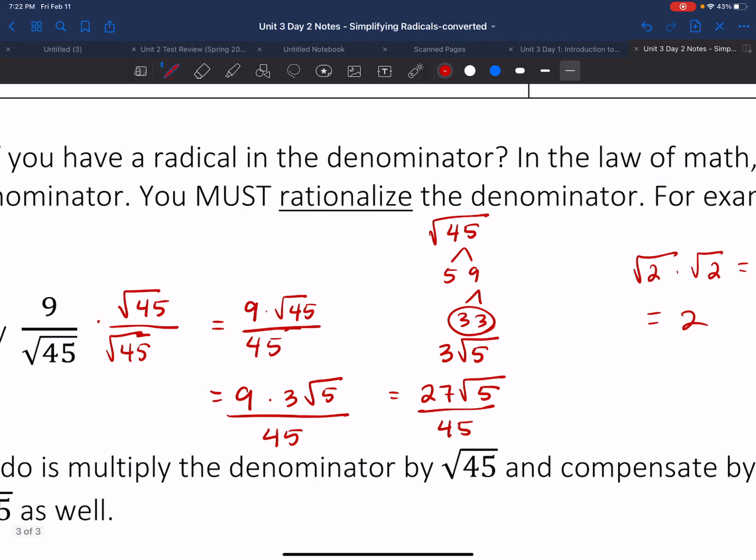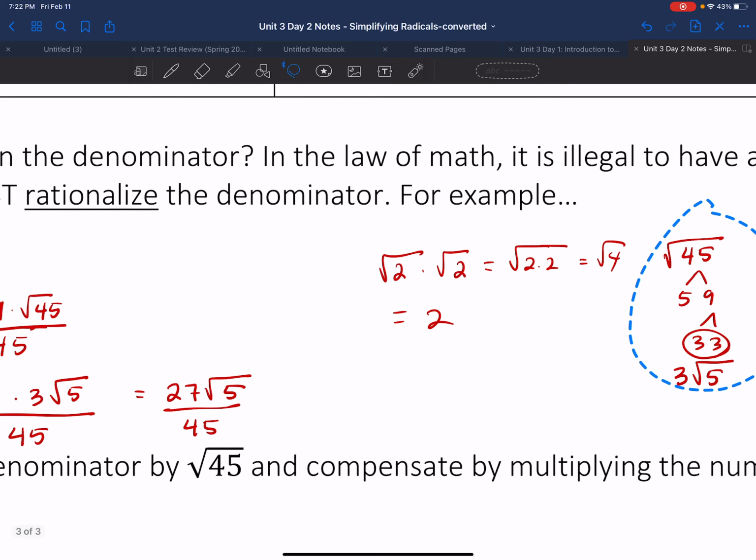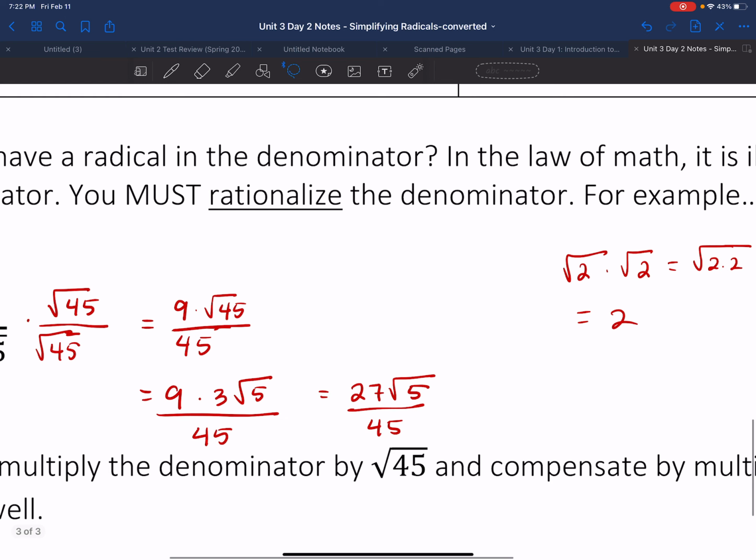Okay, I'm going to move this over there. And we got to take a look at this even further. Can I reduce this? Yes, I can, because I know for sure that 9 goes into 27 and 45 at the same time.